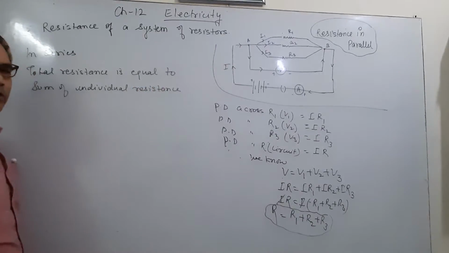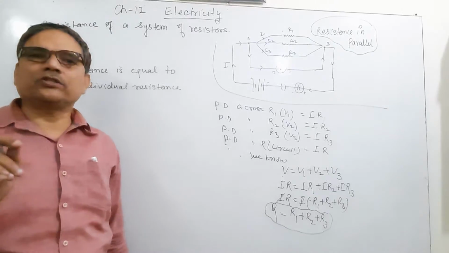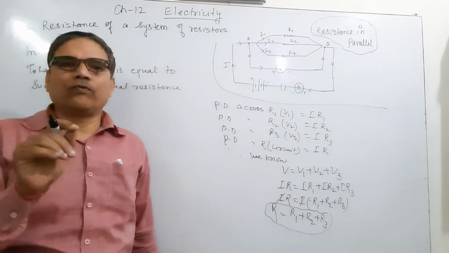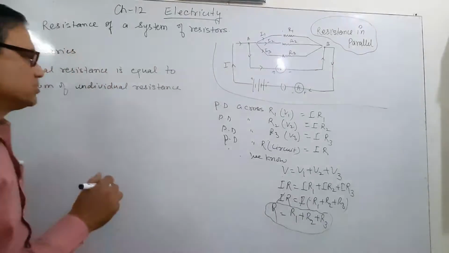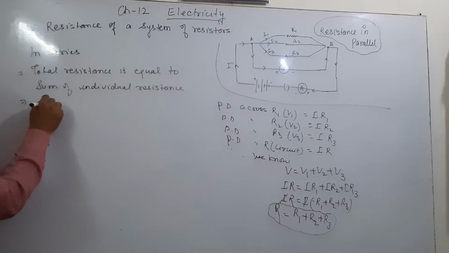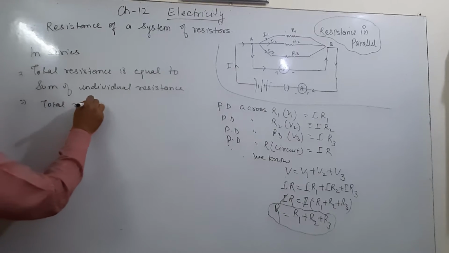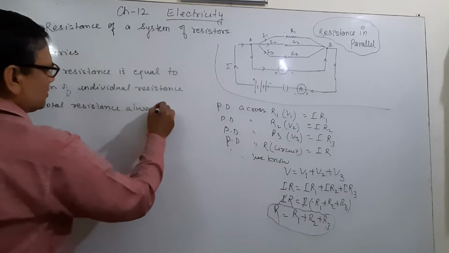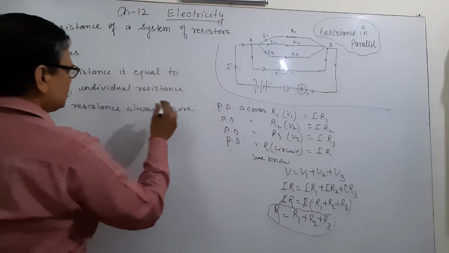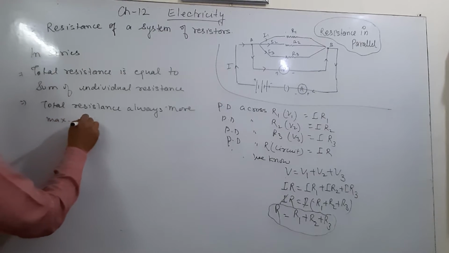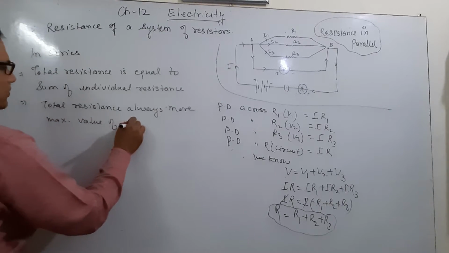It means the total resistance in the circuit is always more than the maximum value of individual resistance, or we can say the total resistance is always more than the maximum value of individual resistance.